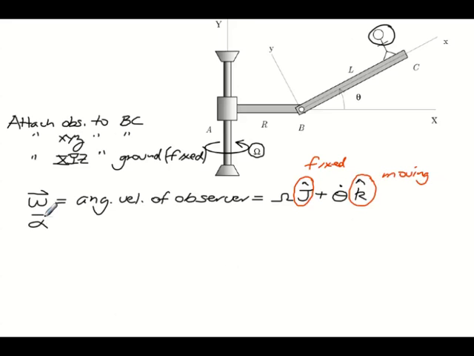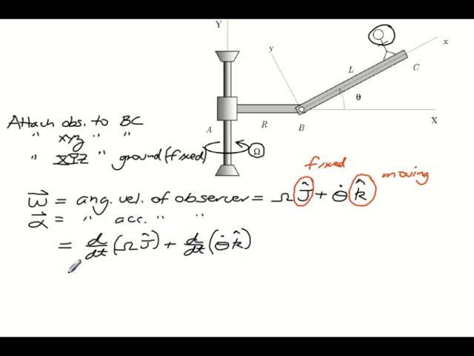So that's going to make a difference when we do our differentiation. Whenever I say alpha, which is the angular acceleration of the observer, I simply do a differentiation of that with respect to time. So that's d/dt of omega big J, plus a time derivative of theta dot small k. I use a product rule of differentiation.